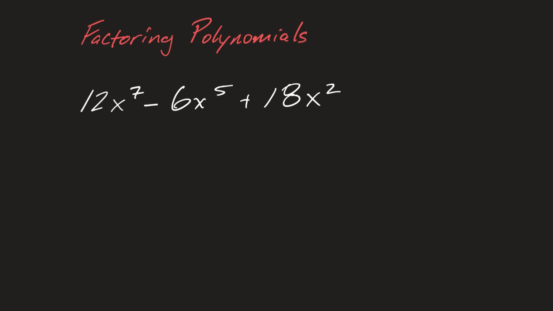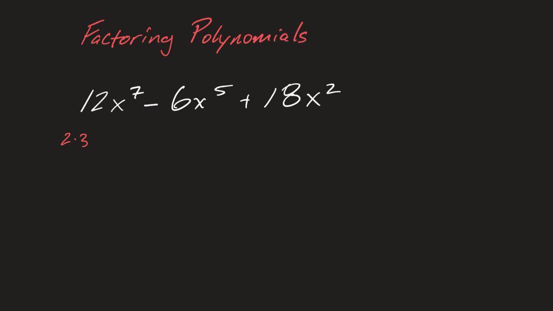So now we just have a trinomial, 1, 2, 3, trinomial, 3 terms, of degree 7. It's 12x to the 7th power minus 6x to the 5th power plus 18x squared. And I'll write this out in expanded form.